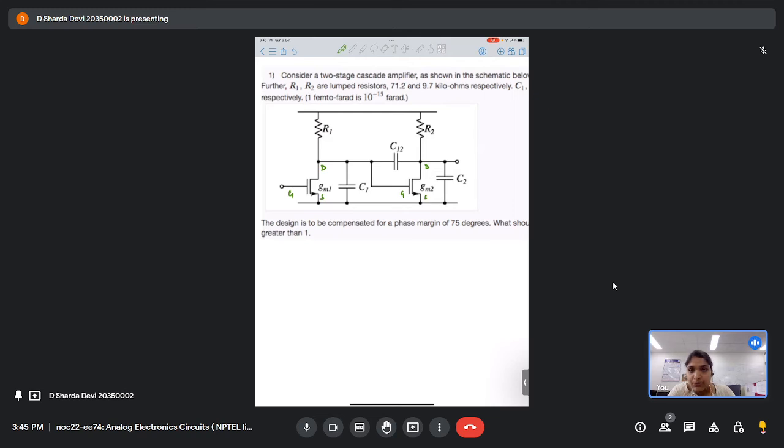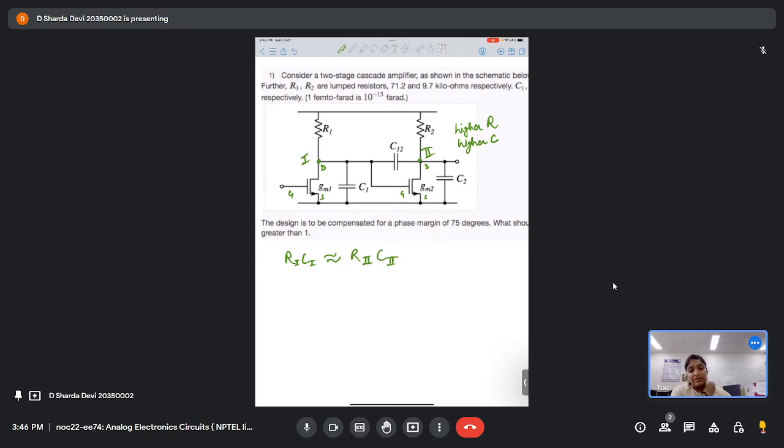We already know that the drain node has higher R, and if we consider these capacitor values, they also have higher C. So if we observe carefully, the value of R1C1 is almost very close to R2C2.